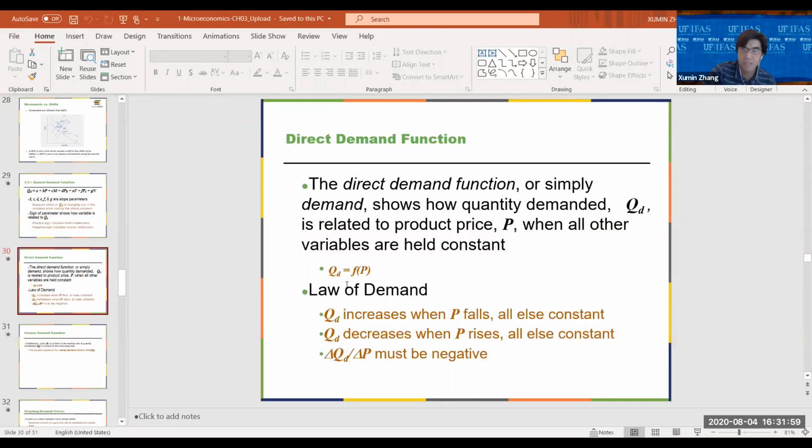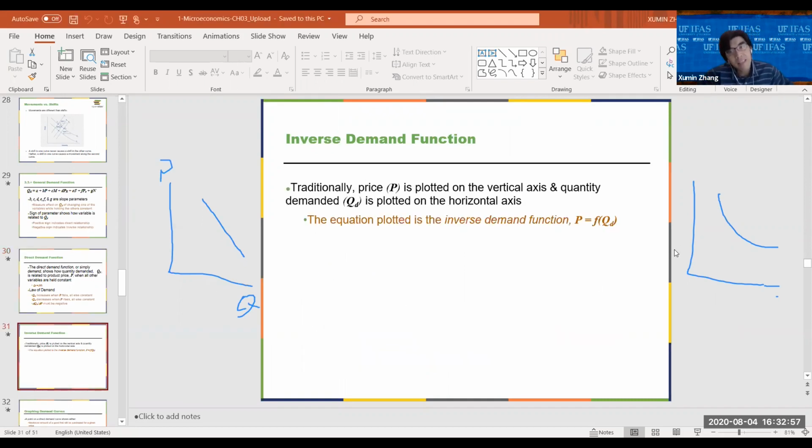In this case we can draw a diagram like this. This is our demand curve, a linear form. And the law of demand means, if this is the Q and this is the P, Q increases when P falls. And in the mathematical form, this can be reversed.